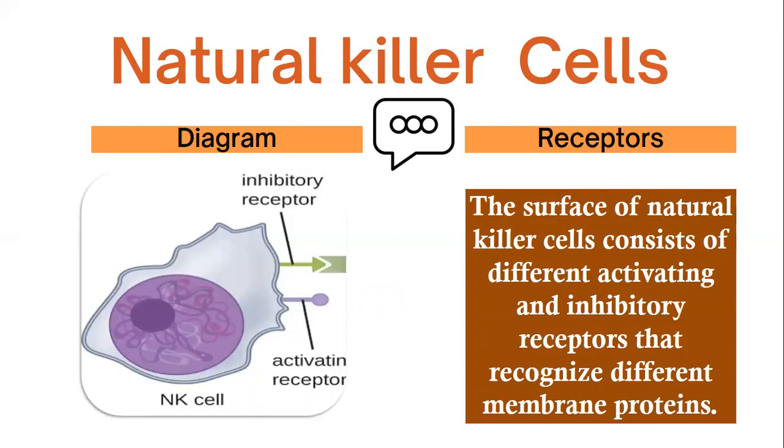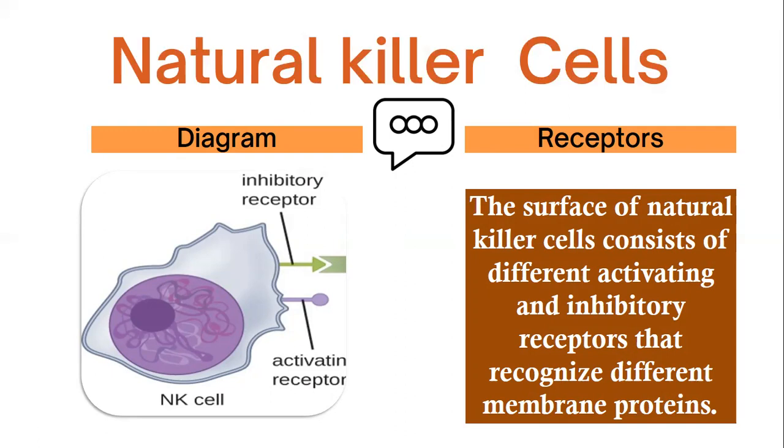Whatever cell is normally present in our body has a major histocompatibility complex. This is how all of the immune cells identify the self cells.